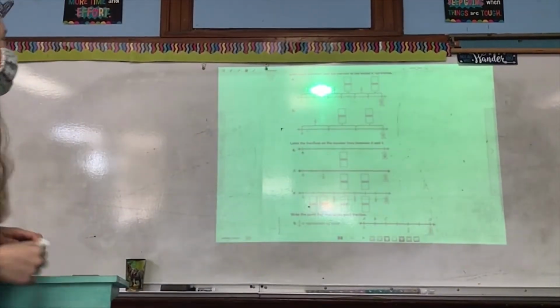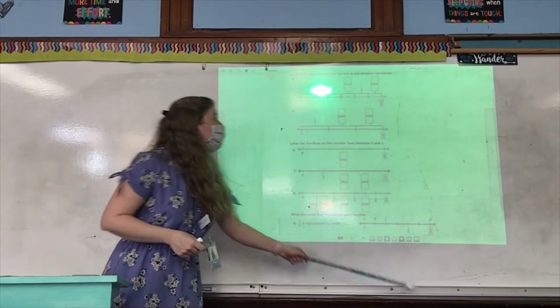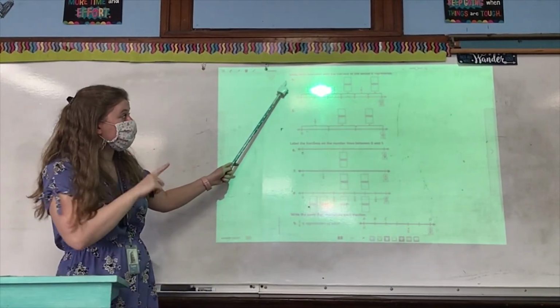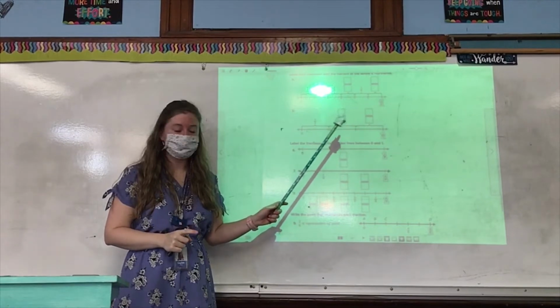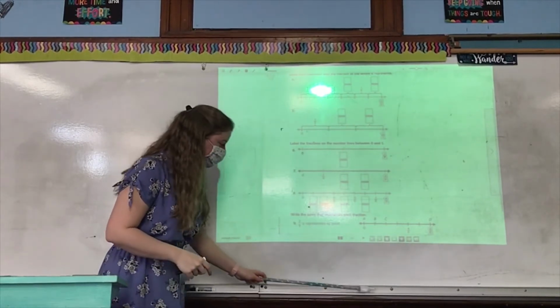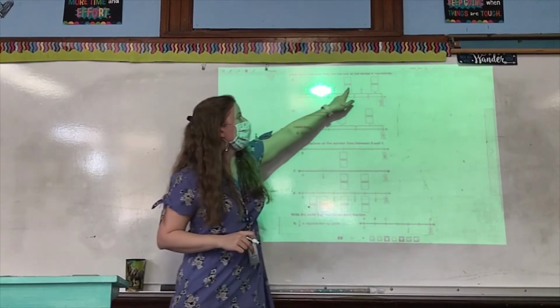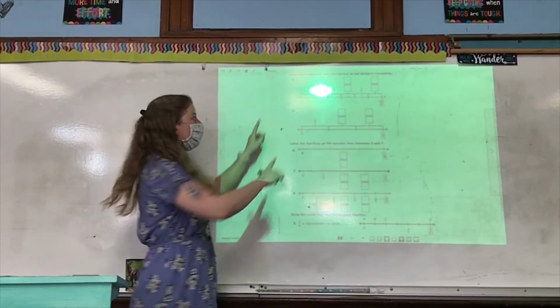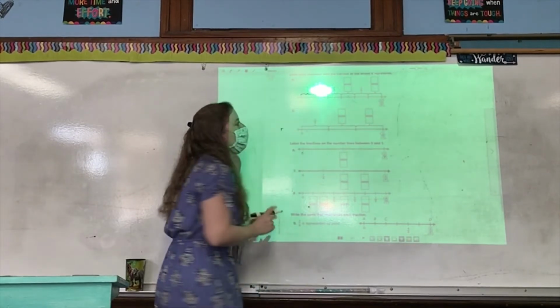Okay, number 4. It says, label each unknown with the fraction of the whole that it represents. So let's look. This number line, we're filling out the top. Remember, the top has these little mustache-looking things.